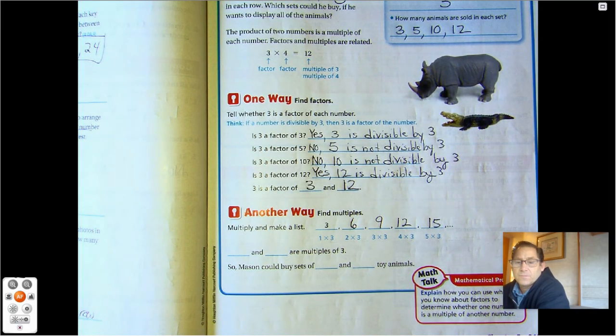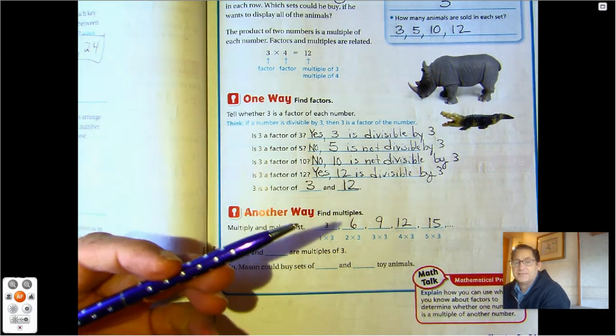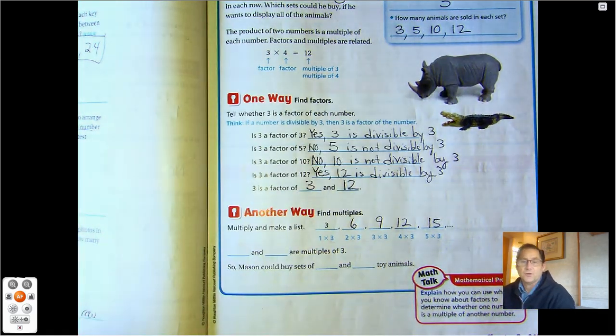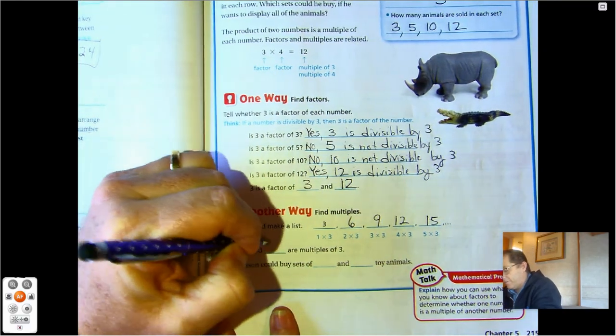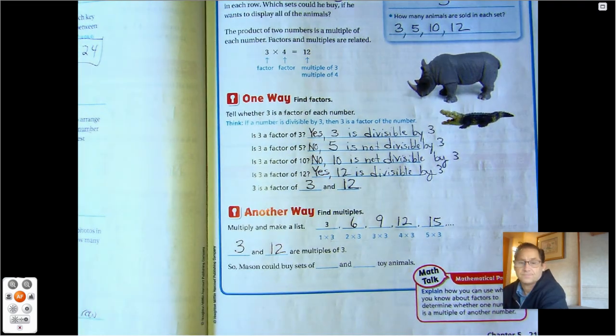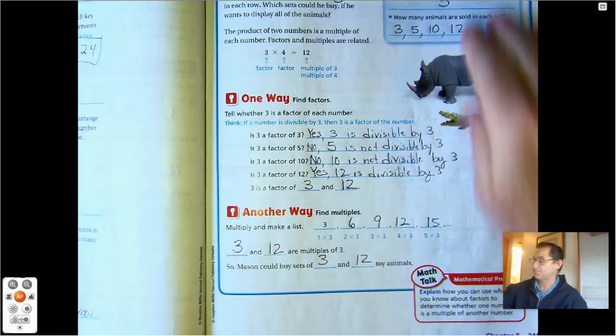These are just multiples, or skip counting: 3, 6, 9, 12, 15. So which of the sets are multiples of 3? Well, 3 is, and 12 is. So he should buy sets of 3 and 12.